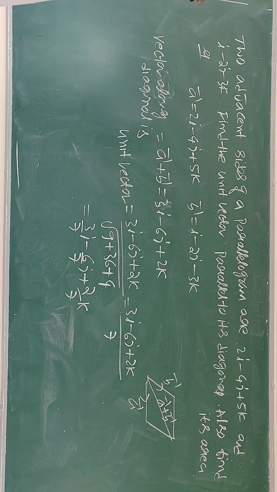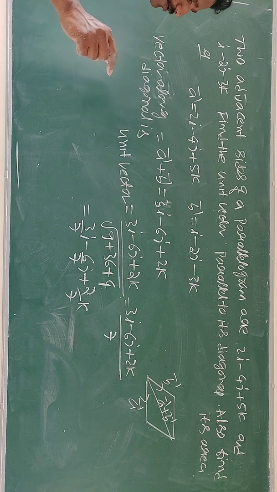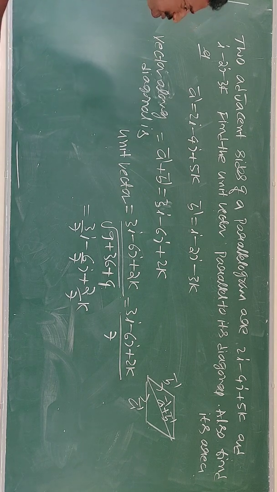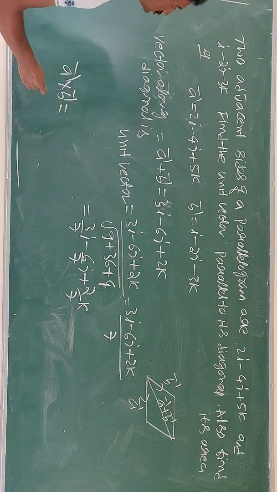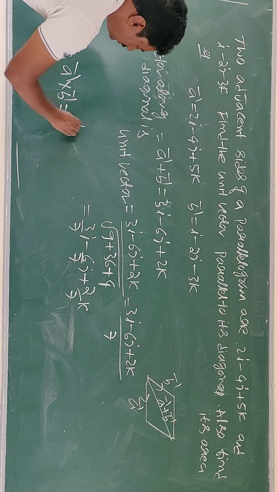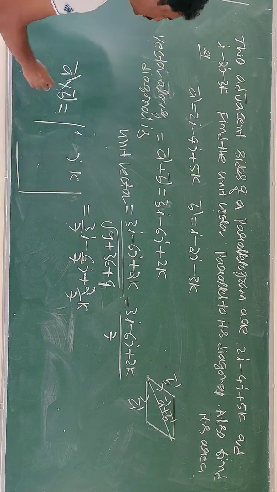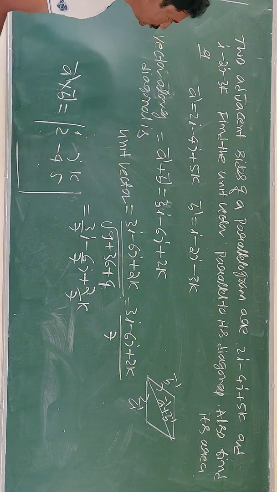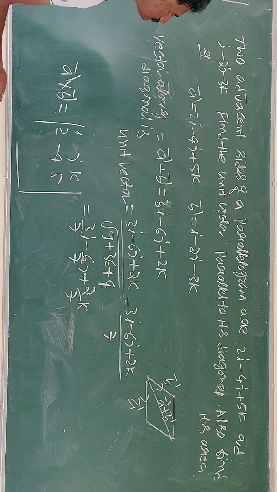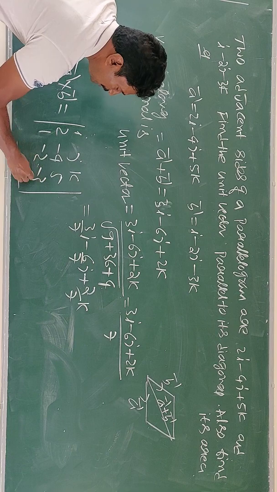Now the area is required. What is the area of the parallelogram? The magnitude of A cross B. Calculate A cross B. Take the i, j, k determinant. Components of vector A: 2, minus 4, 5. Vector B: 1, minus 2, minus 3.